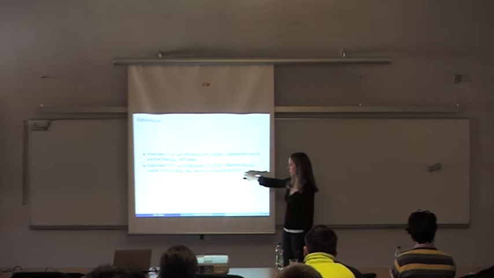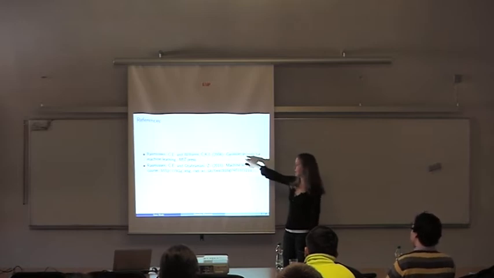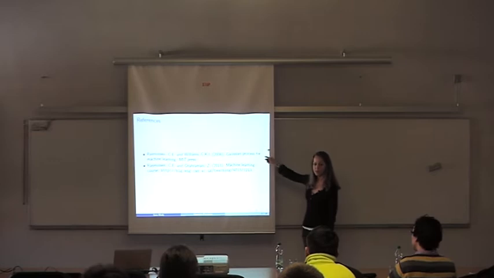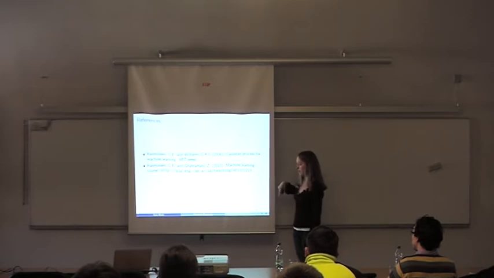All their course materials are available at this website here. And if you want even more detailed information, you can go to Carl's book, Gaussian Processes for Machine Learning. And this book is freely available on the web if you want to check it out. And I should also say that most of the figures are taken from these lecture notes, which in turn are taken from this book.